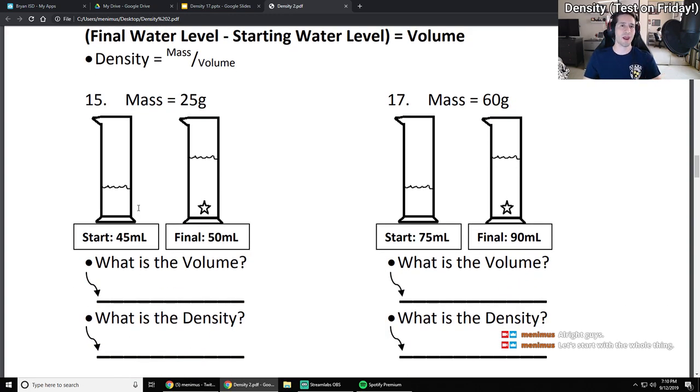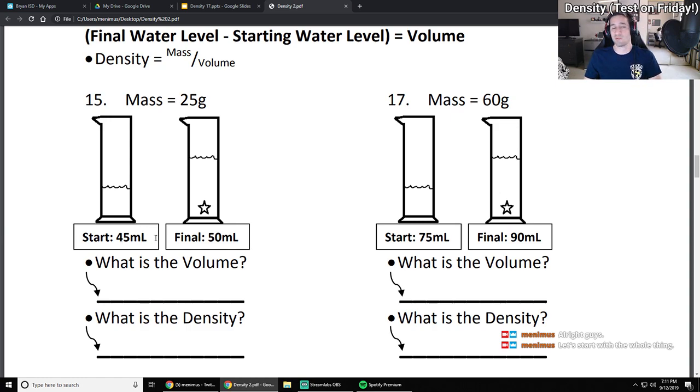So to find an irregular solid's volume, all we have to do is pay attention to the water that's been displaced. The easiest way to do it is to pay attention to the amount of water that you have prior to dropping the object into the graduated cylinder, and then the measure that you have of water after you drop that object in that very same graduated cylinder. So in this case, we got a start volume of water of 45 milliliters.